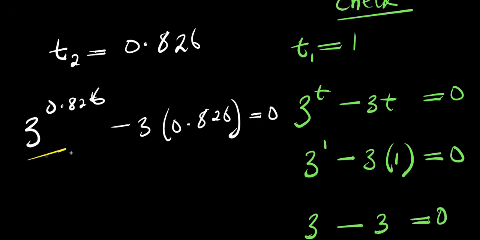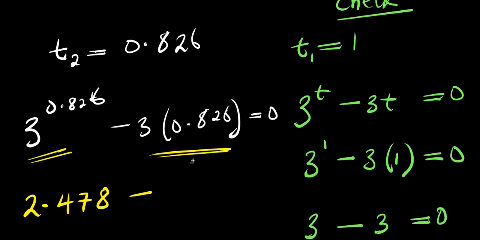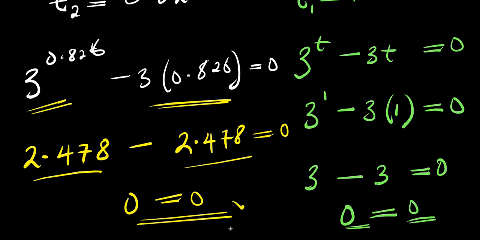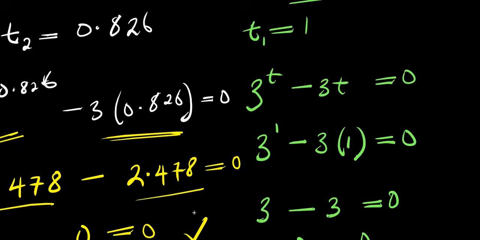So if you insert this into your calculator, you are going to have 2.478 approximately minus. If you also insert this into your calculator, you are going to have 2.478 approximately. And this will give you 0 because the numbers here are the same. So if you subtract, this is 0 equals 0. So the two solutions are proven to satisfy the equation, guys.